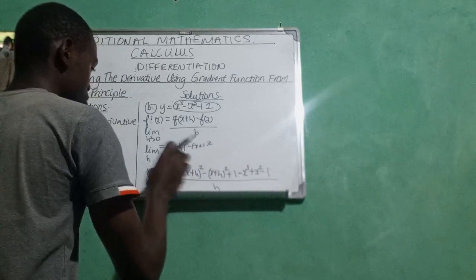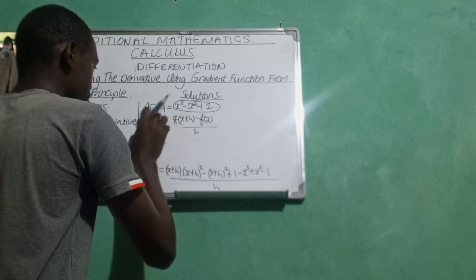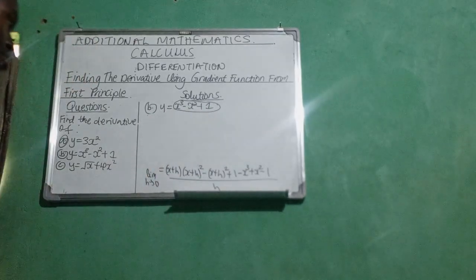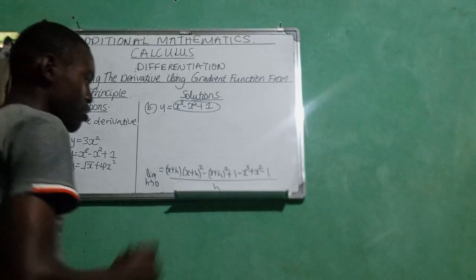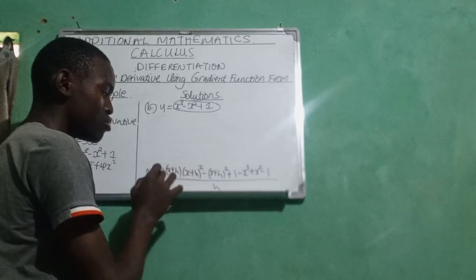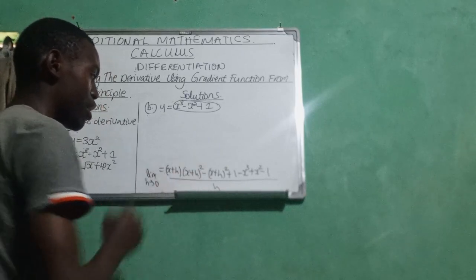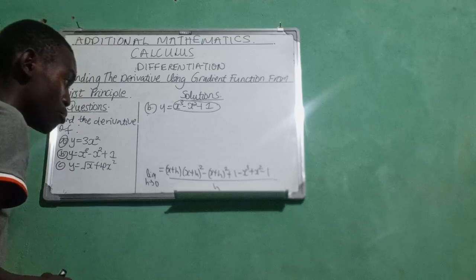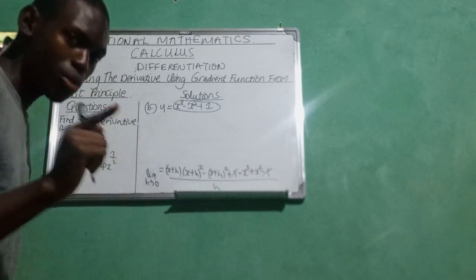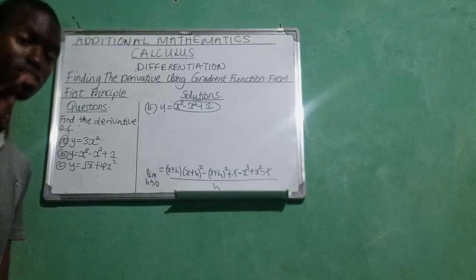We can clean up to create more space. I've written x plus h cubed as a product of powers to make my life easier. Before we even proceed, this positive 1 can cancel with that negative 1.